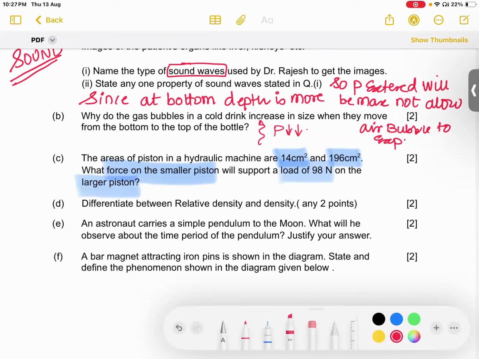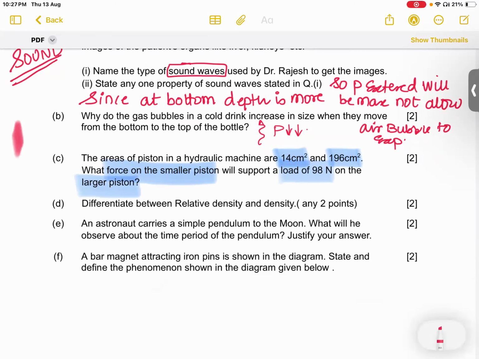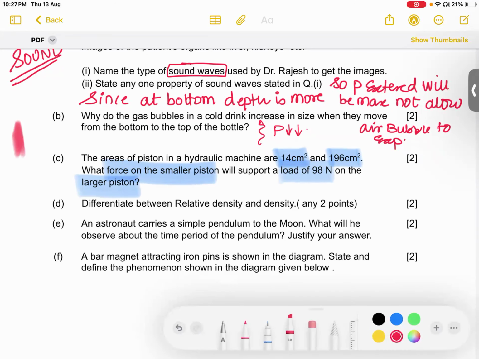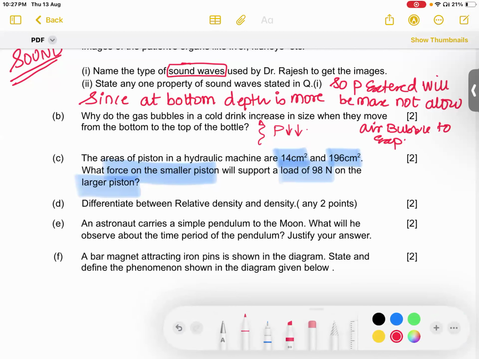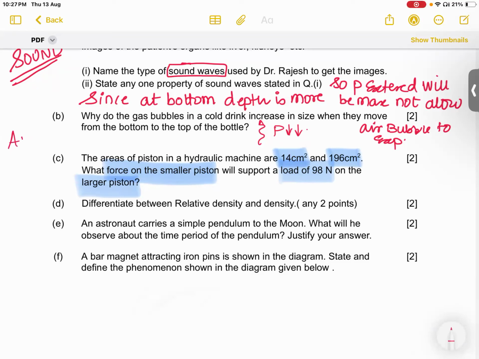Points to be noted: A1 is given as 14 centimeter square. A2 is given as per the question 196 centimeter square. F1 is the force on the smaller piston, which I'm supposed to find out. And F2 is given, which is 98 Newton.